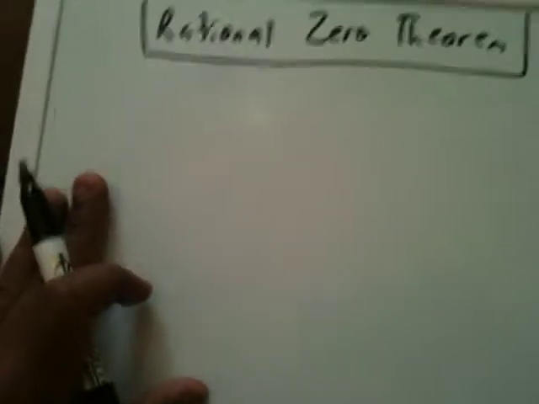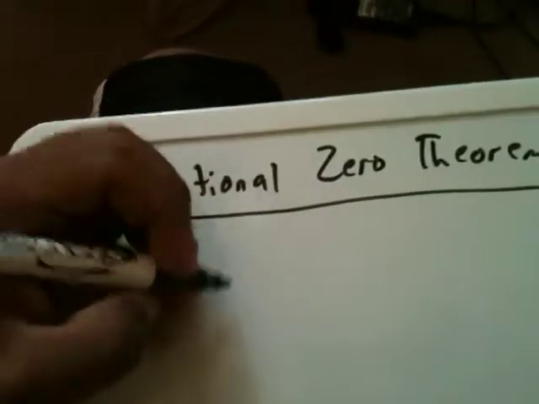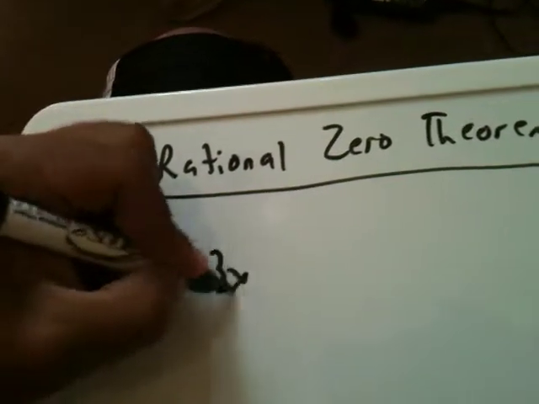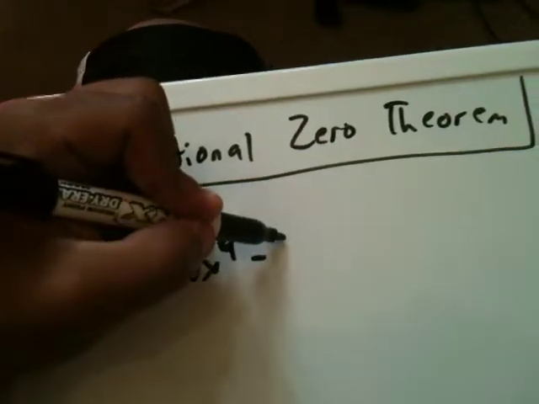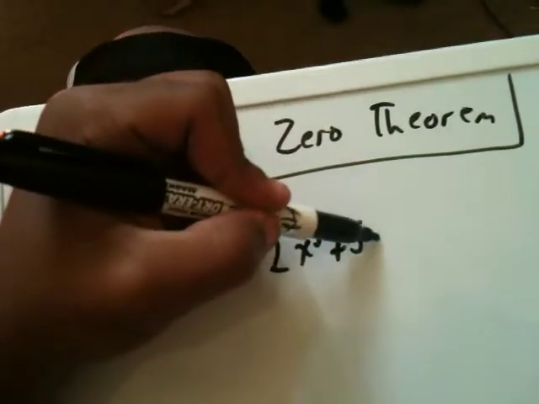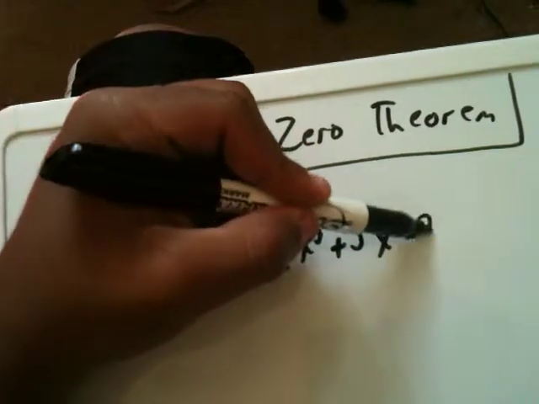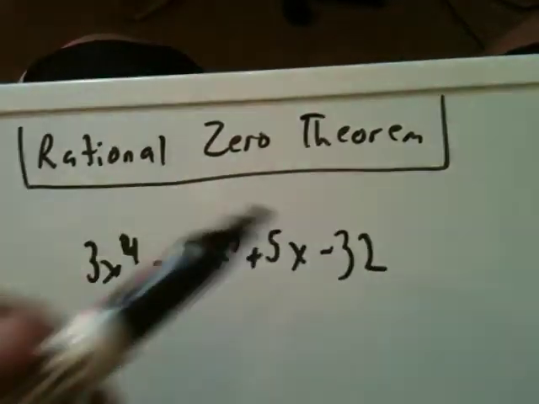Actually, I'm sorry, I read the definition that only p and p over q are candidate zeros. So let's try 3x to the 4th minus 2x cubed plus 5x minus 3. Actually, to make this fun, let's make it 32.